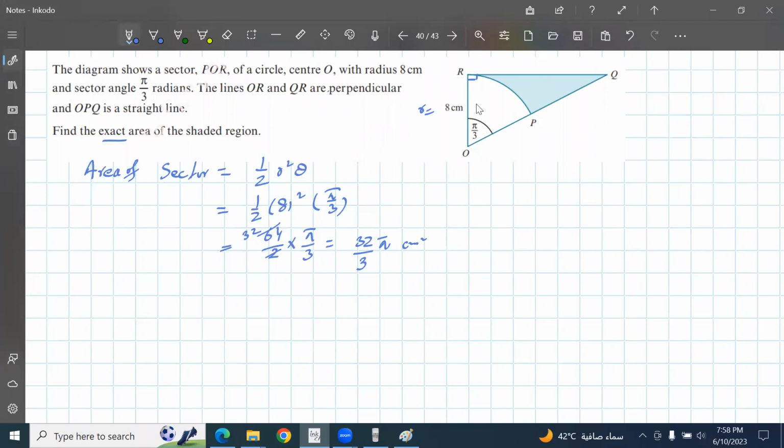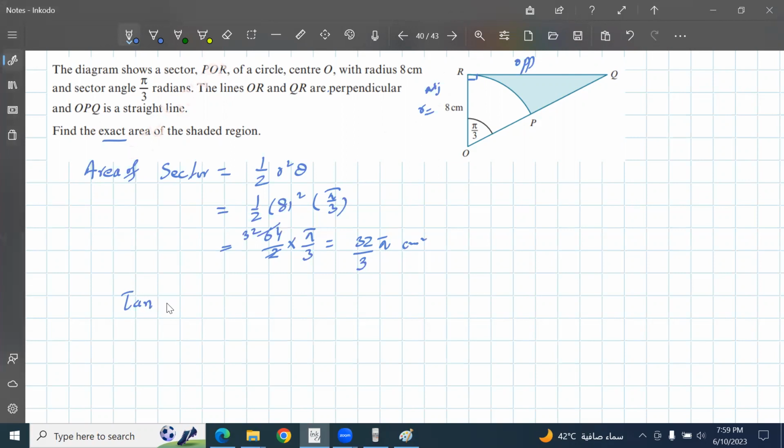Next, we will try to find out the area of the whole shape, which is a triangle. But before finding the area of the triangle, which is 1 over 2 base times height, we have to find out what RQ is. For RQ, if your angle is at O, this is adjacent, this is opposite. So opposite over adjacent, again we will apply tan.